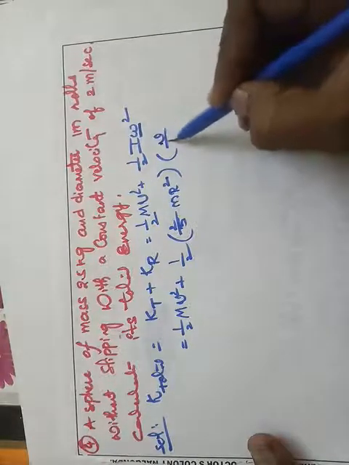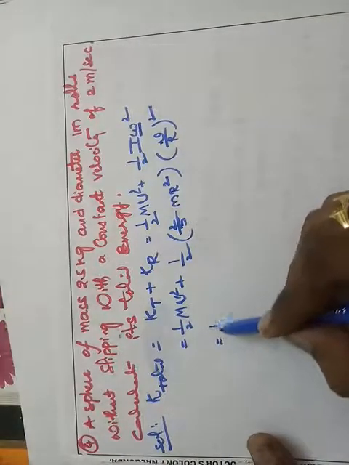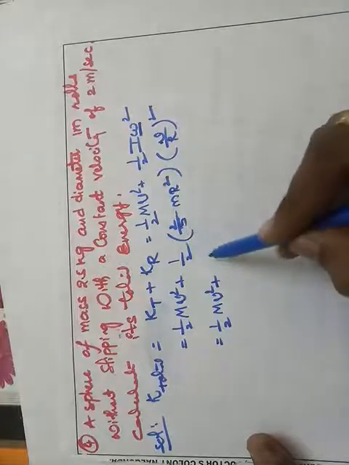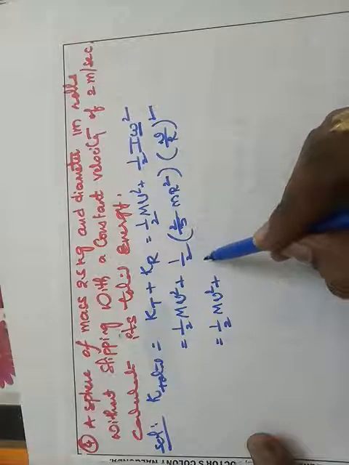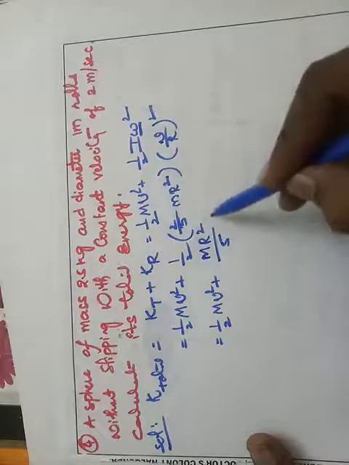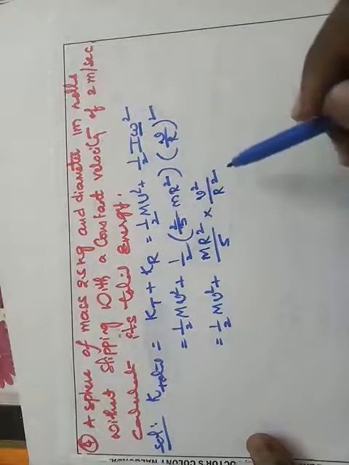So (v by r) whole squared. Right, finally what we get: 1/2 mv squared plus, here the 2 can cancel, and we get mr squared by 5 into v squared by r squared, right?